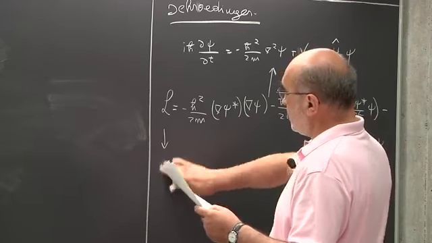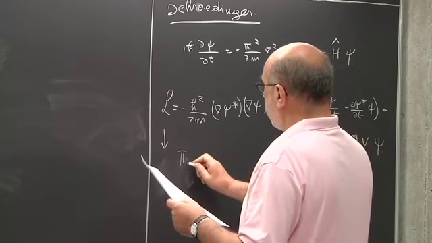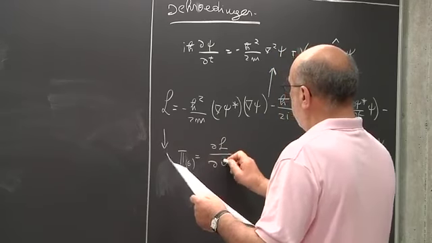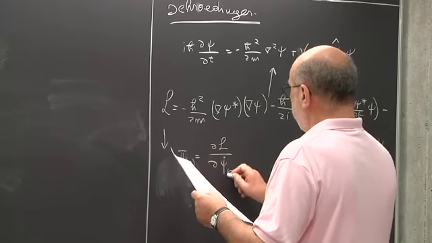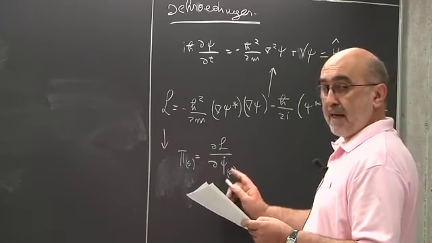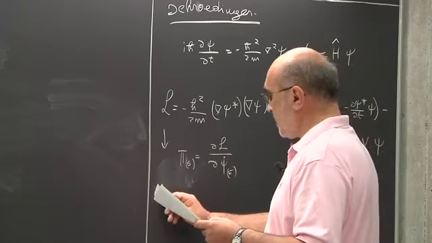First of all, let's introduce the momenta. The pi sigma are nothing else than dL over d psi dot sigma. Okay, and there are 2 of them, one associated to psi and one associated to psi star.